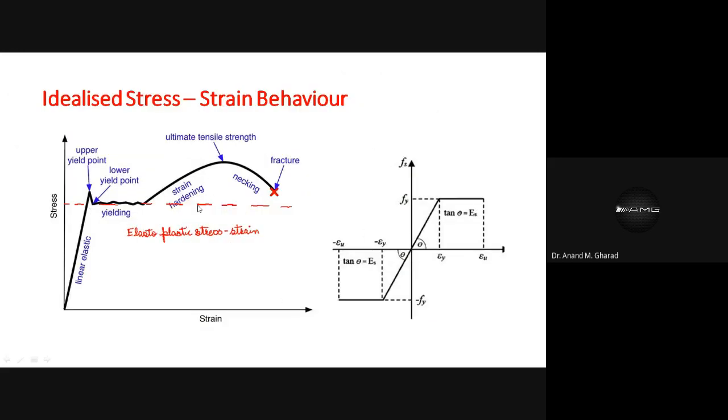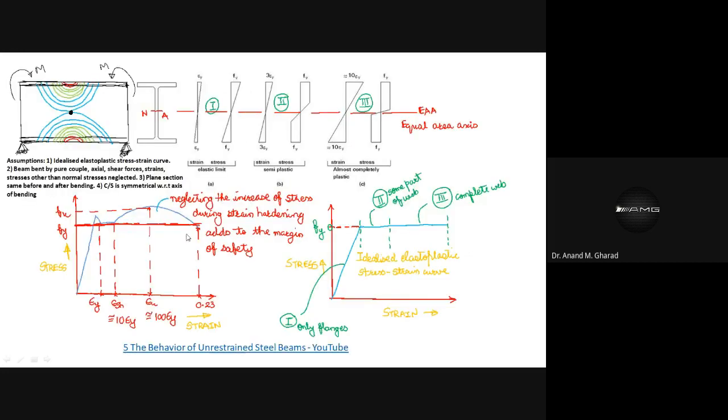The second assumption is the beam is bent by pure couple, so axial and shear forces, stresses other than normal stresses, are neglected. So the beam is supposed to be bent with the help of pure couple. You can see these are the couples.